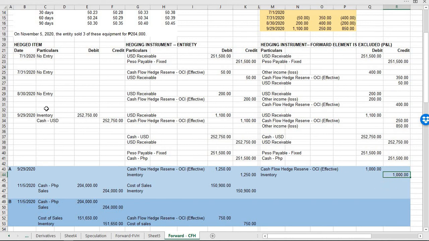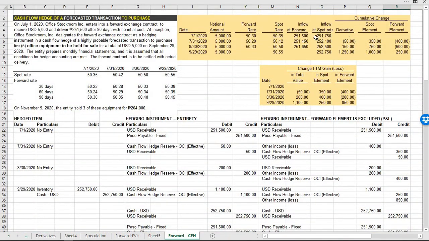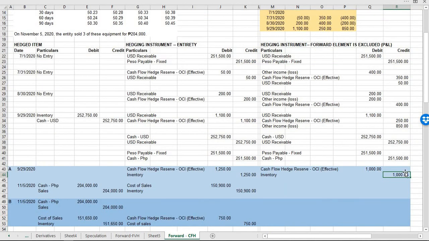So, magkano na siya? 252,750 minus 1,000. So, that is 251,750. At ano yung 251,750? Yun yung ating expected inflow at date of inception pero based on spot rate. So, ngayon, ito ang entrada natin immediately after settlement on the same date, September 29, 2020.